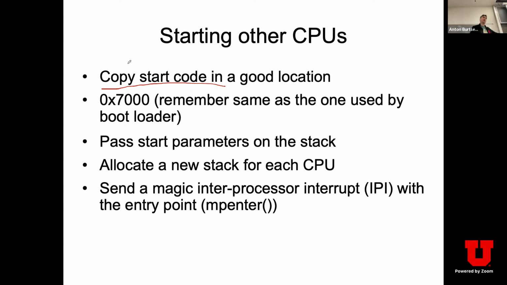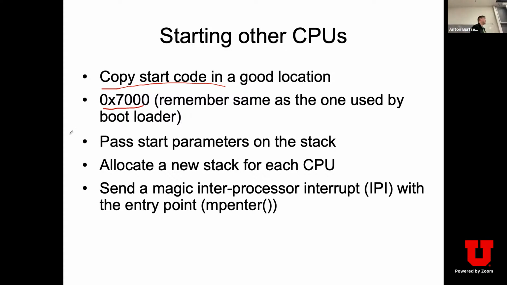Bootloader was loaded from the disk into address 7C00, and BIOS jumped into it, and that code, which we control, initialized the machine. So we do something similar here. We say, okay, let's have an assembly sequence which we carefully craft, and we put it in some well-known location, which we can advertise to other CPUs, right?